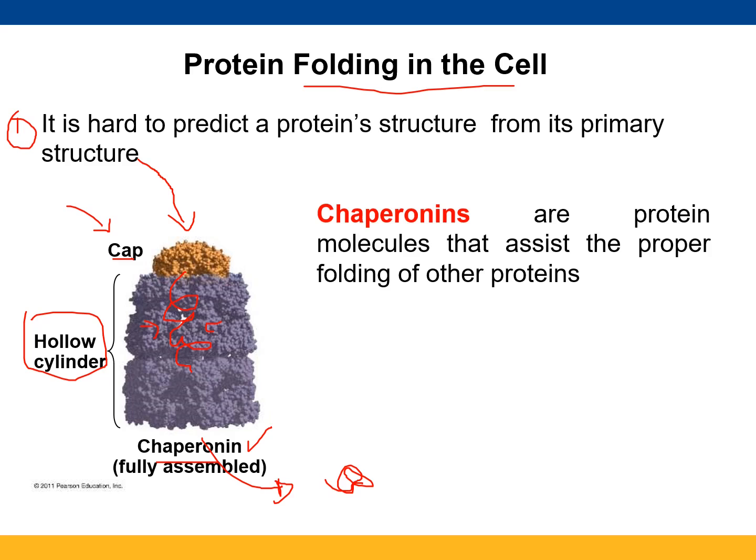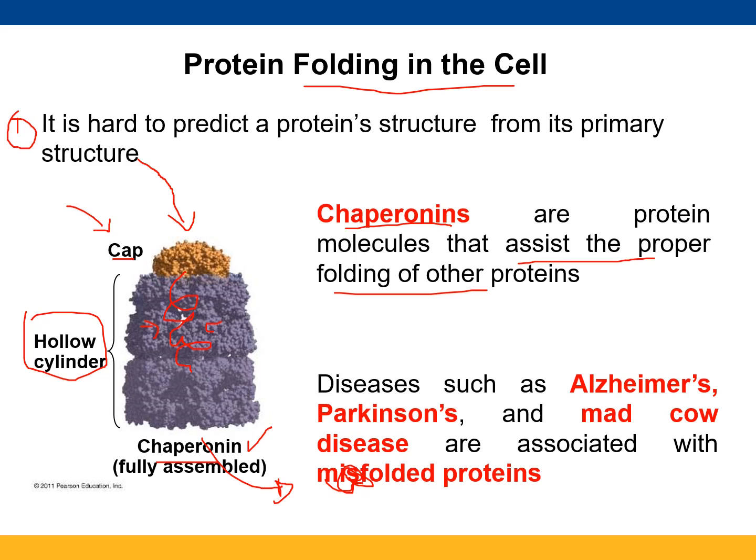To solve that problem, living organisms have created an assembled machine called chaperonin, which are protein molecules that assist the proper folding of other proteins. And diseases such as Alzheimer's, Parkinson's, and mad cow disease are associated with misfolded proteins.